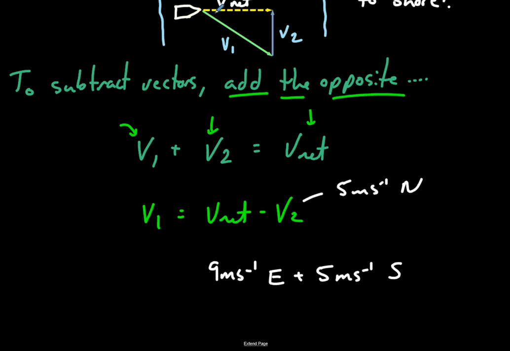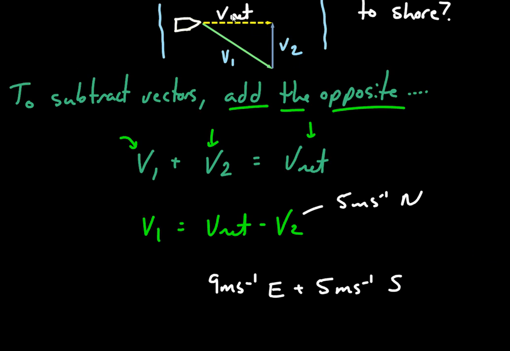Brilliant. So look at what we just did. We took our V net and added to it the opposite of this. So let's flip this over. Draw a new one in. We flip this guy over, and look what will happen. V net plus the flipped V2 will sum up to give us V1.